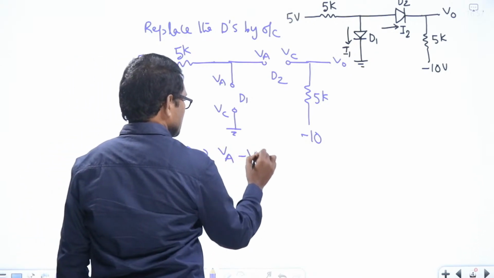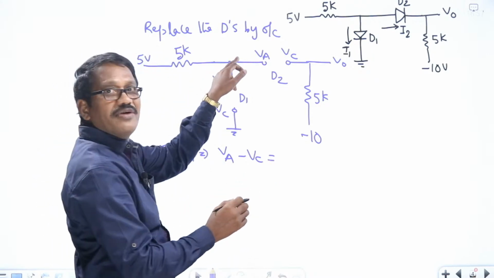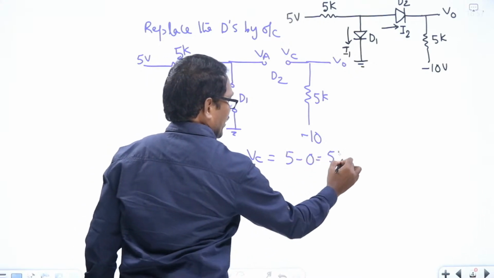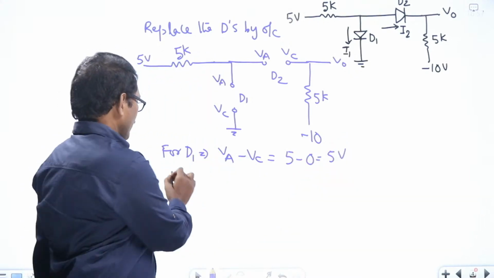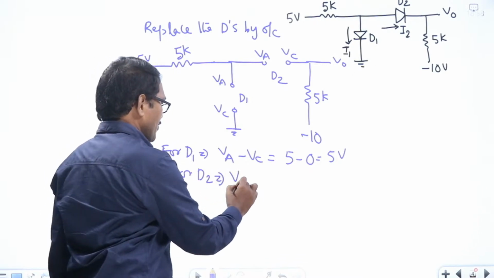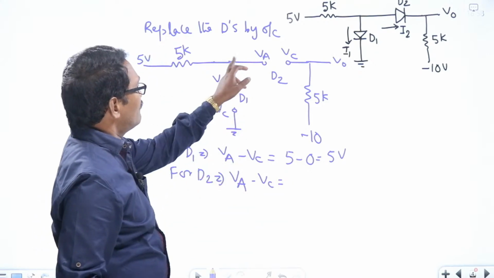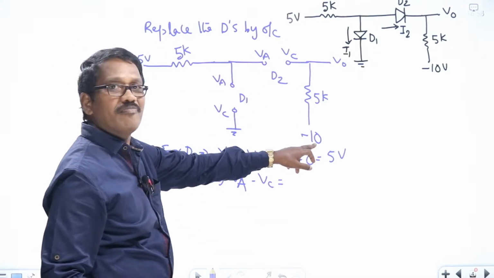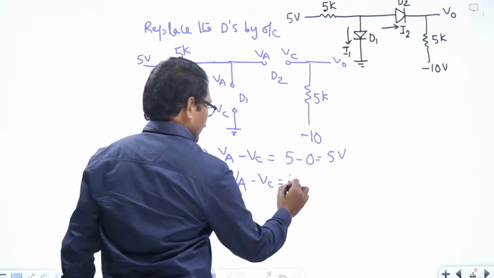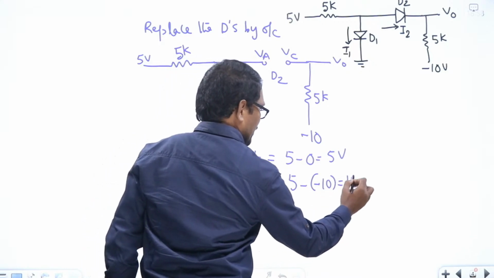VA minus VC is equal to 5 minus 0, that is equal to 5 volts. And for D2, what is VA minus VC? 5 minus of minus 10, that is 15 volts.